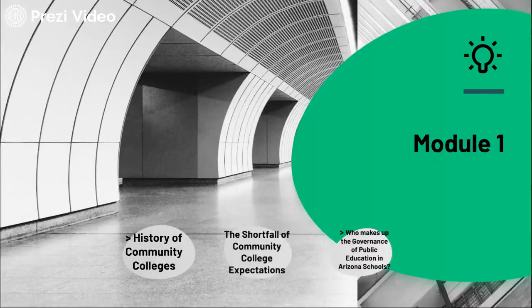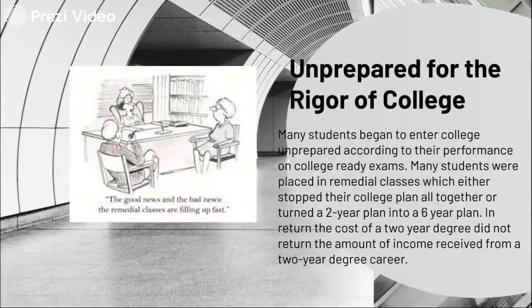Part 2 of Module 1, we talk about the shortfall of community college expectations. So during those generations, although enrollment was increasing, many students were entering colleges unprepared for the rigor of college.